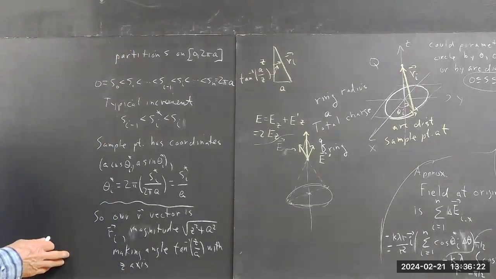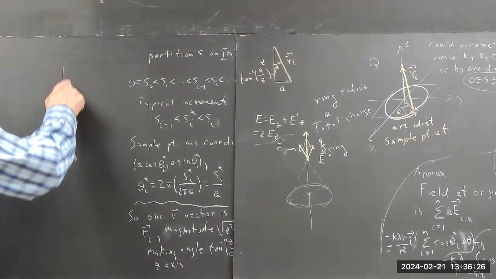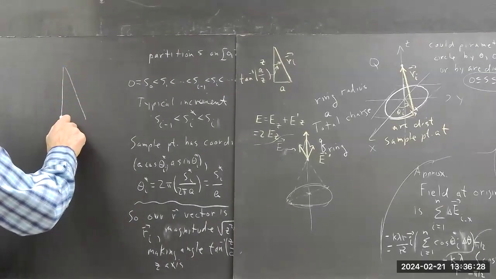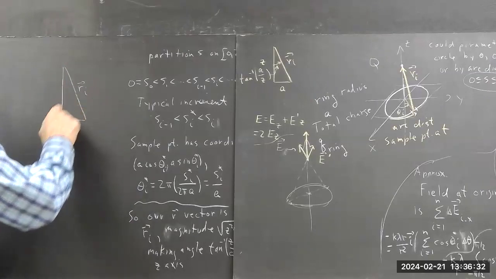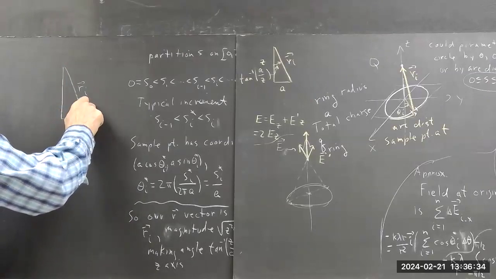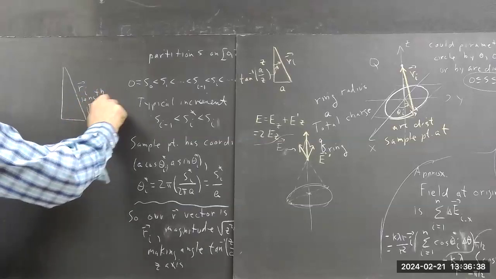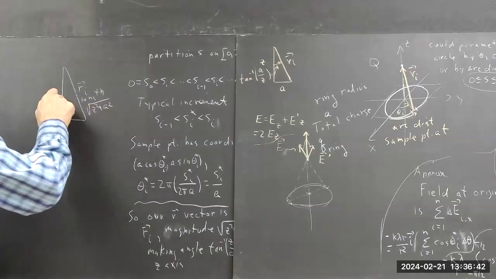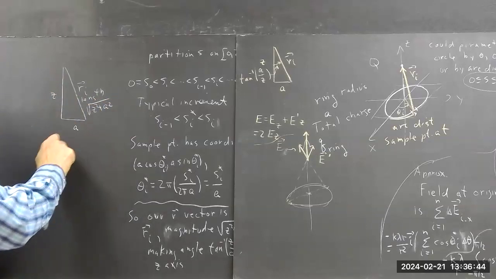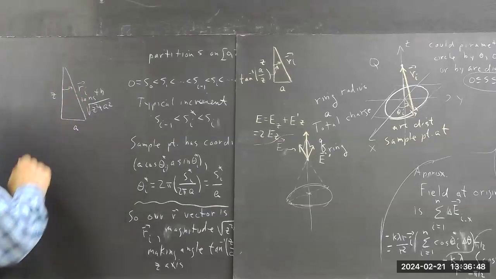Now, I'm going to use a simple picture. Here's our R sub i vector, length square root of Z squared plus A squared, because this side is Z and this side is A. And we got this angle here.